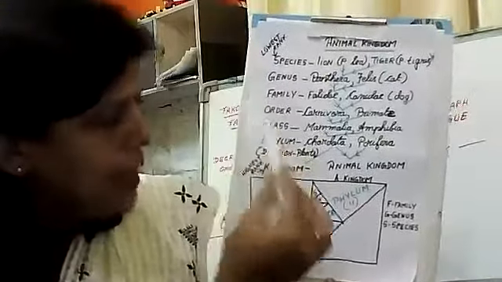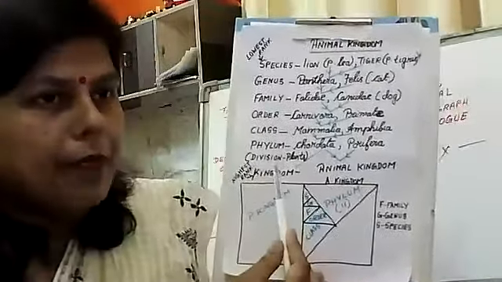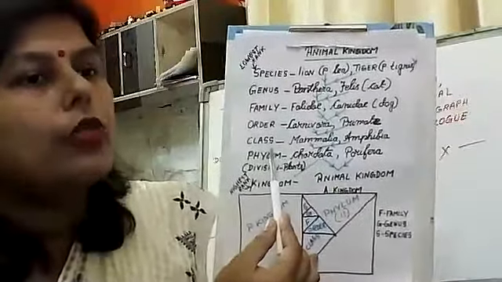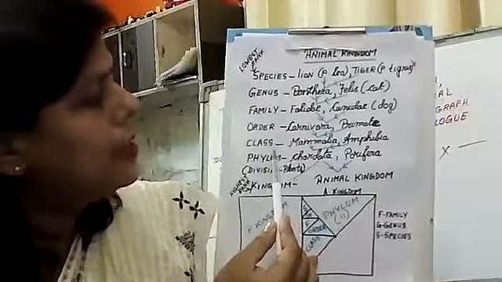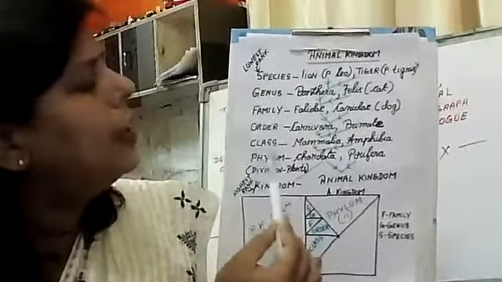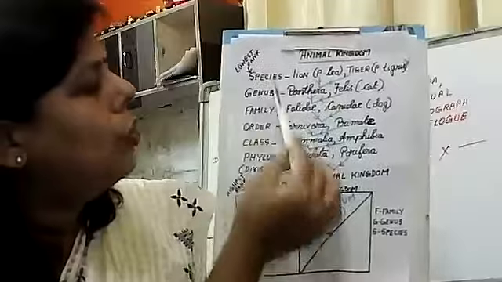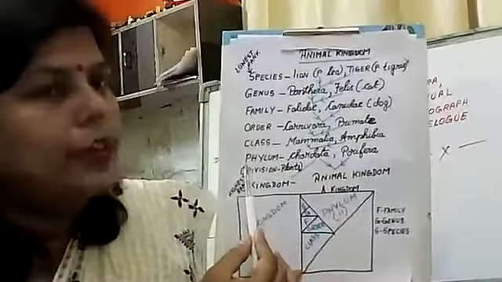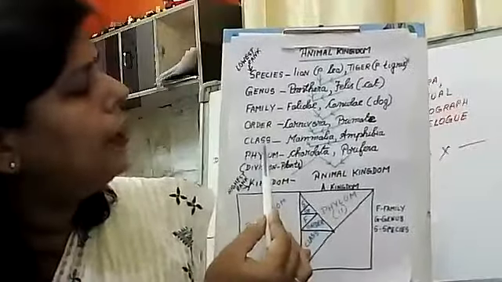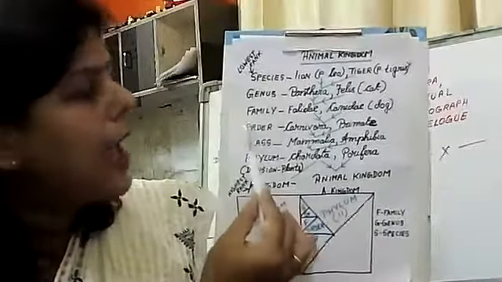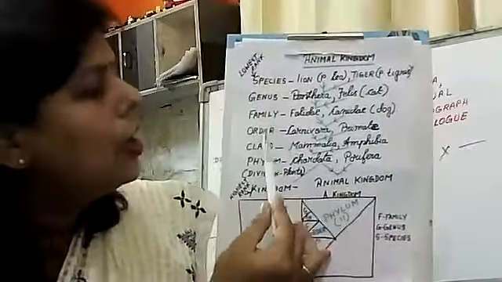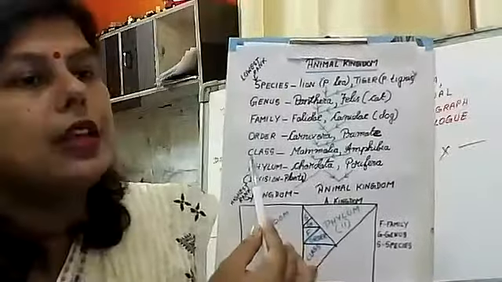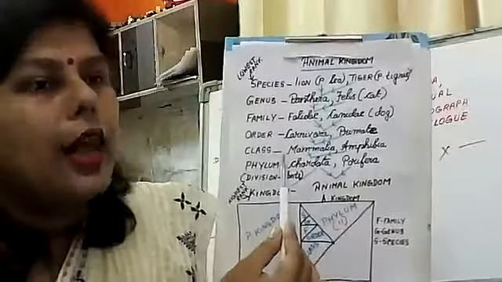Now by chance in the exam, you are asked to define class. How are you going to give the definition of class? Two ways you can give the definition of class if you know this systematic arrangement of the various groups. One way, you can write: 2-3 orders having similar characters combined together to form one bigger group, which is known as the class, and you can give an example.